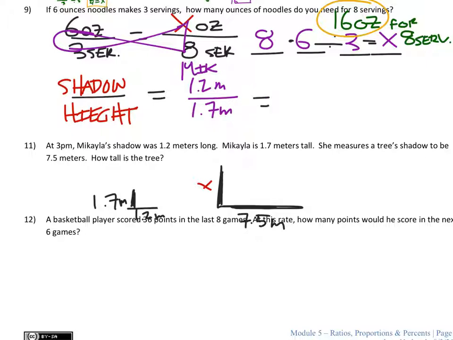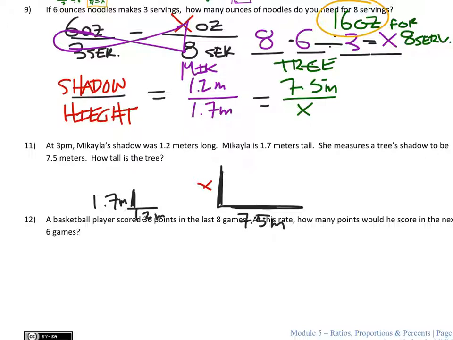Now we got the tree. And the tree shadow is 7.5 meters. And we don't know the height of the tree, but that's the value that we want. So this sets up the proportion. Now, just so you know, there are 8 different ways to set this up, and you could still get the right answer.